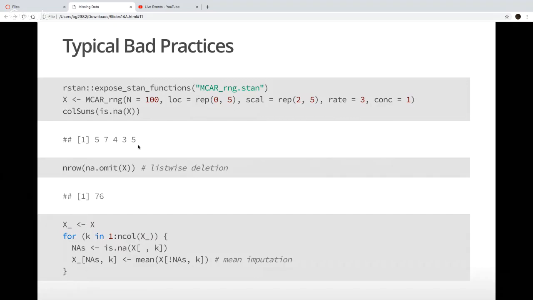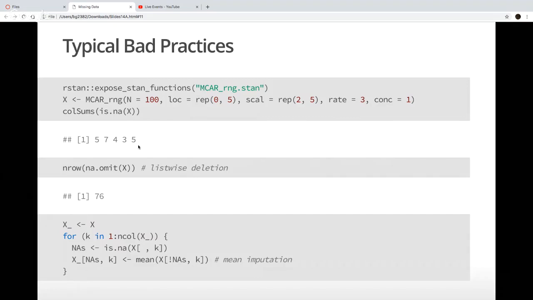So just make a copy of X and then loop over the columns, see which observations are missing, and if they are missing, replace them with the mean value of all the observed observations on that variable. And you might say, well, that enables us to use all 100 rows rather than just 76 rows. So that seems like it would be better.